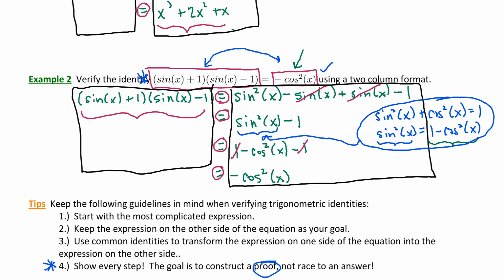When we construct a proof, we're demonstrating the logic, outlining the steps of how one side can be transformed into the other side. So the point is to demonstrate the steps, not necessarily race to the answer. So I hope those tips are helpful. Keep these in mind as you begin constructing your two-column identity proofs.